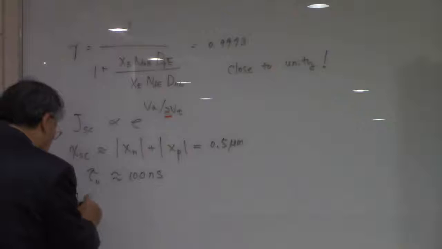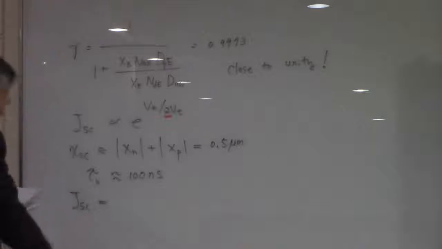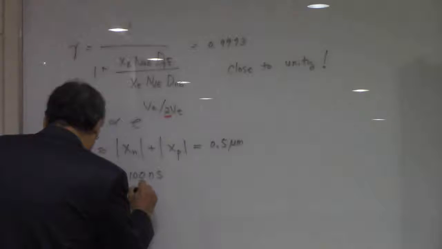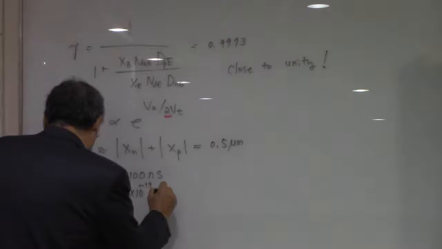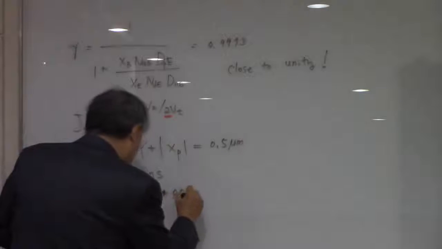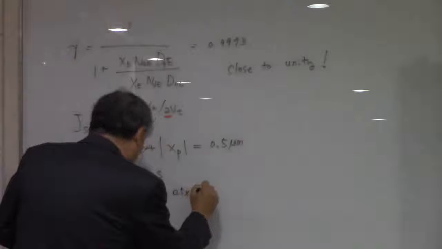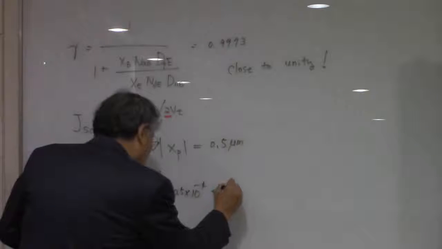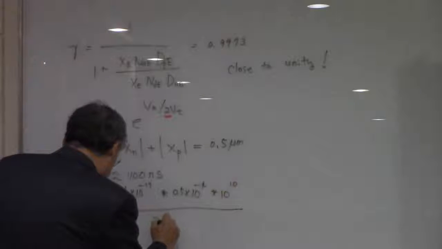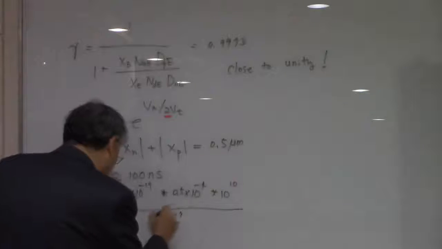Then JSC, the space charge region current, is going to be 1.6 times 10 to the minus 19, that is the Q value, and 0.5 times 10 to the minus 4 and 10 to the 10th, divided by 2 times 10 to the minus 7.